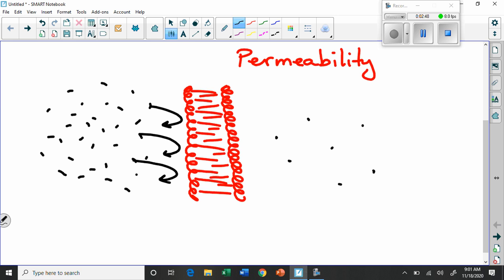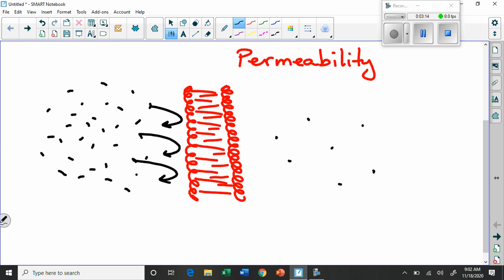Mother Nature hates gradients. She hates them. She likes everything to be nice and even. And if there is a gradient, Mother Nature will work very hard to wear it down, to get that gradient back to normal. That's what diffusion is, right? It's all those molecules trying to get to the other side to sort of erase the gradient and bring it back to normal, nice and evenly distributed.